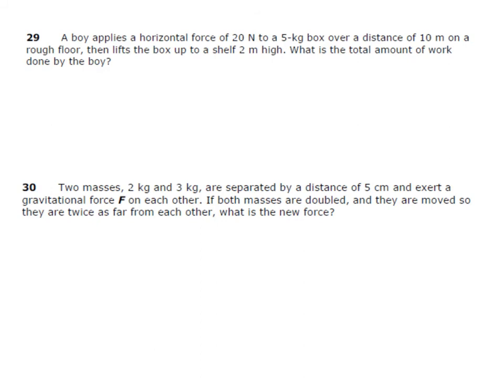Number 29. A boy applies a horizontal force of 20 newtons to a 5 kilogram box over a distance of 10 meters on a rough floor and then lifts the box to a shelf 2 meters high. What is the total amount of work done by the boy? Well, here we have a box and a force. The force is equal to 20 newtons, and the distance is equal to 10 meters.